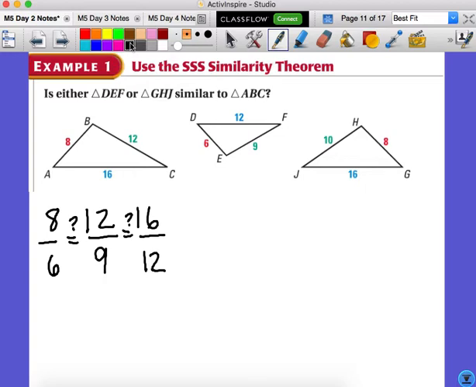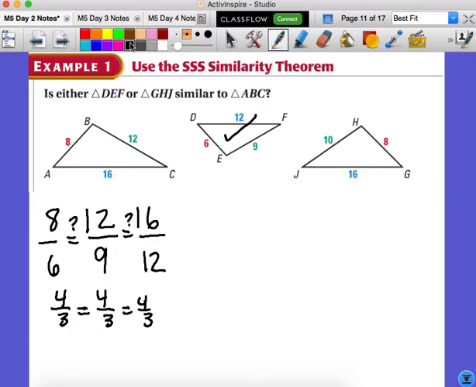So I'm going to test, is 8 over 6 the same thing as 12 over 9, the same thing as 16 over 12? If I look at that, this is going to simplify to 4/3, 4/3, and 4/3. So yes, this one is for sure similar.